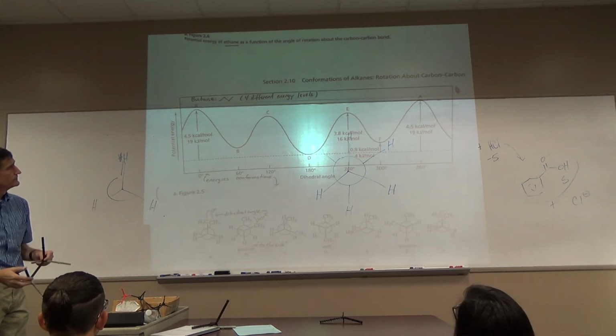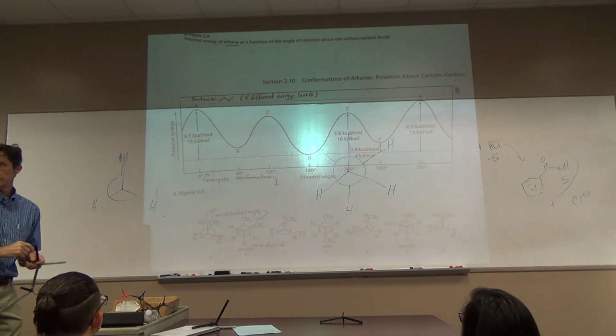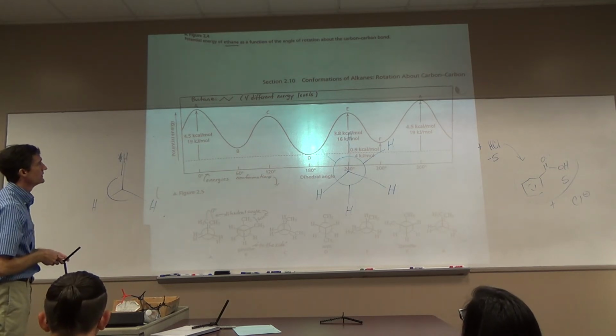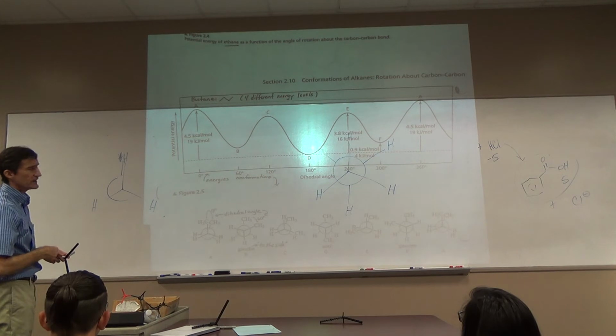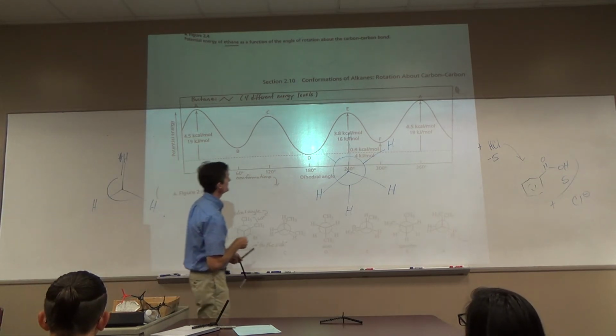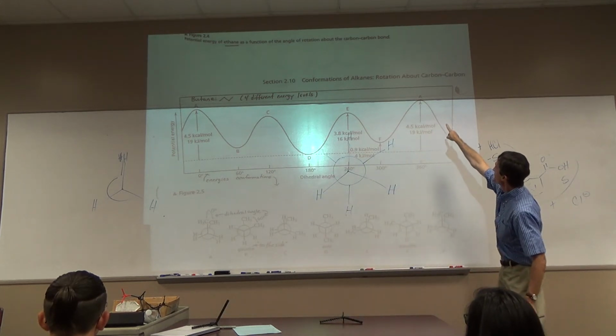How many different energy levels? Up top we only had 2, because they kept just repeating the same 2. How many total here? 4. It's actually 4. A, B, C, and D. And I don't like how, F, what is that up there? Is that an A?